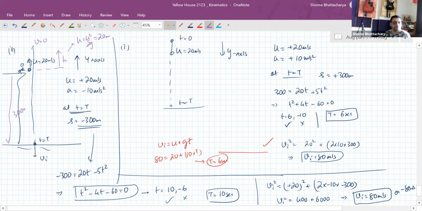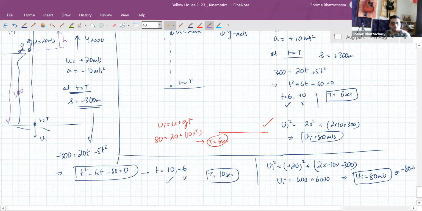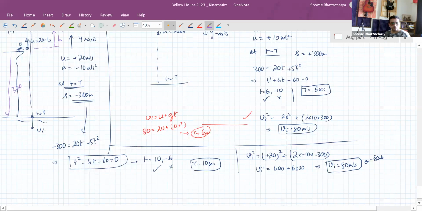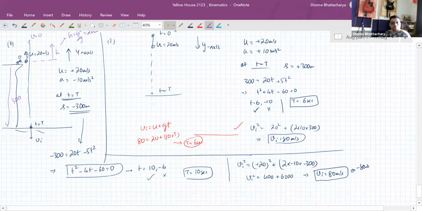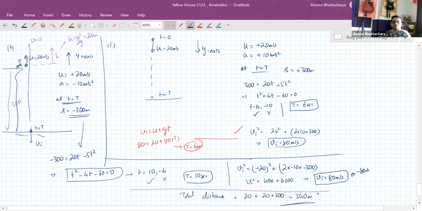So 340 meters. So total distance will be 20 plus 20 plus 300. That is 340 meters.